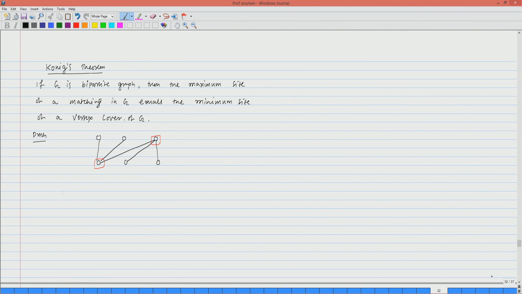So, this theorem is true for this example, and it is also true in general. Let G be this graph, with parts X and Y and edge set E.